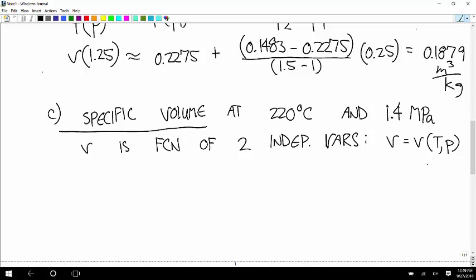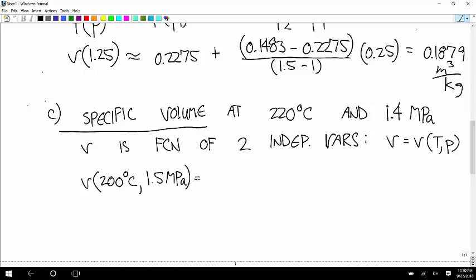Temperature is going to be my X variable. Pressure is going to be my Y variable. So my specific volume at the lower temperature that we know, and at the higher pressure, I'm just doing this the way the grid would look in an XY plane. So the higher pressure is 1.5 megapascals.